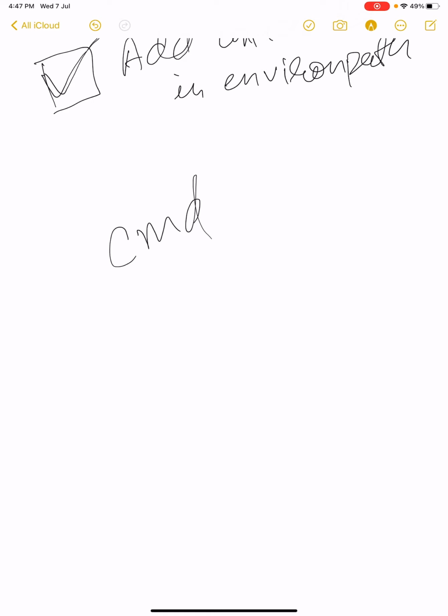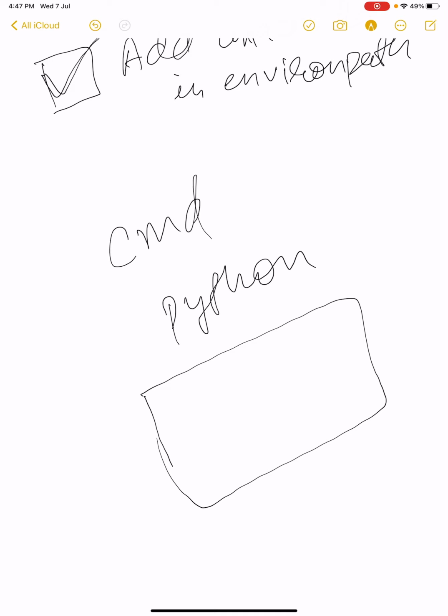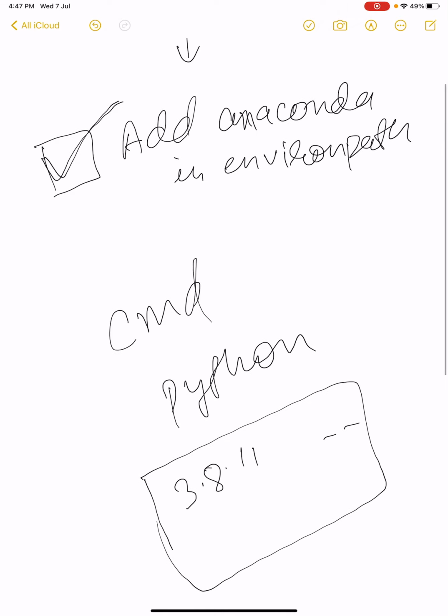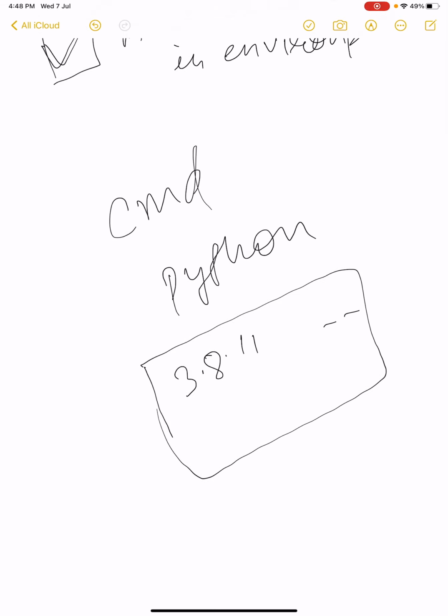Once the command line opens, just type python and press enter. If Python is accessible in the command line, it will show something like 3.11. If it is showing that, it means you have installed it correctly. Otherwise, you might have forgotten to add it to your environment path. I will show that in the next video.